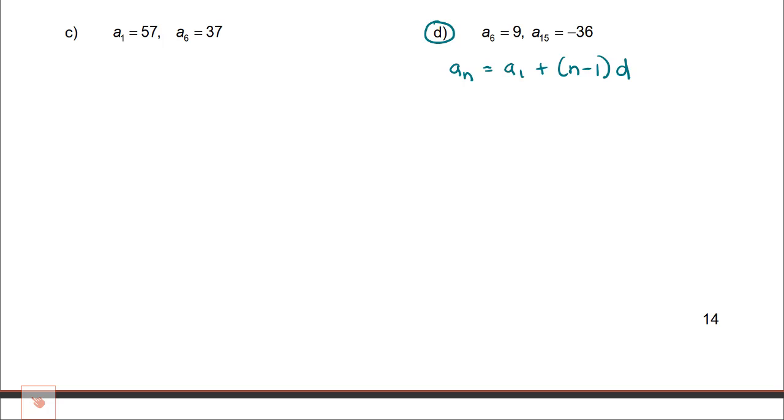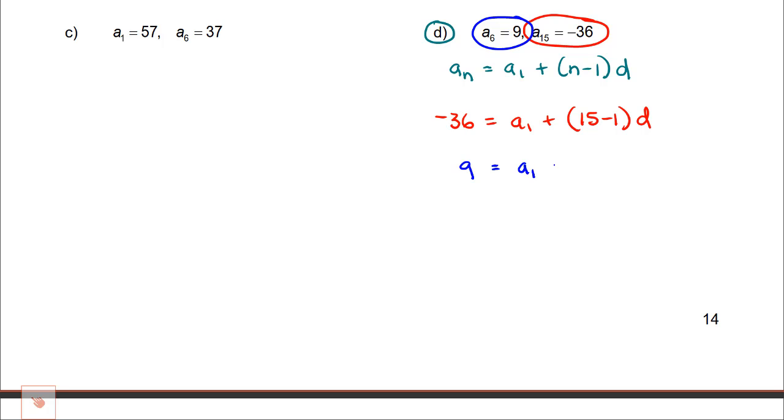And I'll color code my notes this time. I'll take the bigger one. -36 is the 15th term. I don't know the first term, but -36 is the 15th term, and I don't know d. The other equation, I'm going to do in blue: 9 is the 6th term.